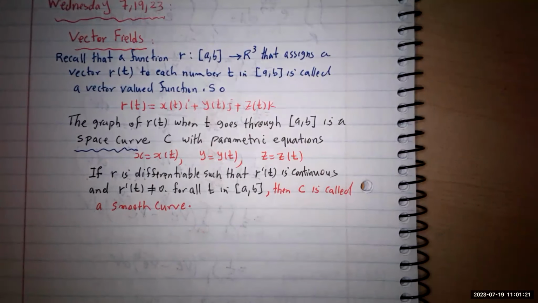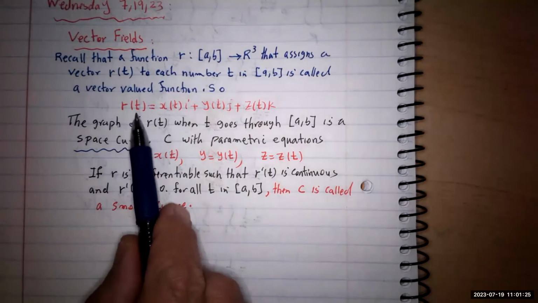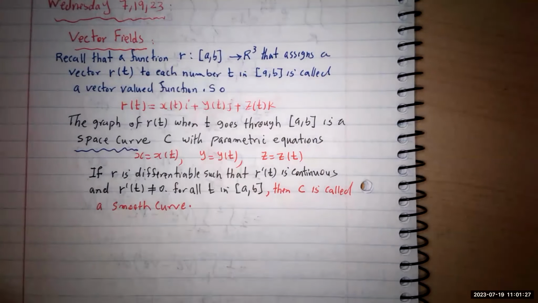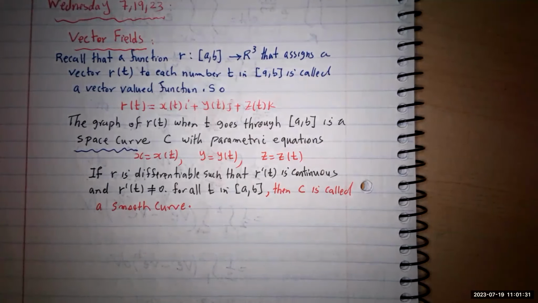Now we're going to extend it. What we are going to do is change this t that you get in this interval, and change it into a domain in R2 or R3, but we keep the vector part. So let's start in 2-dimensional first, then go to the 3-dimensional.